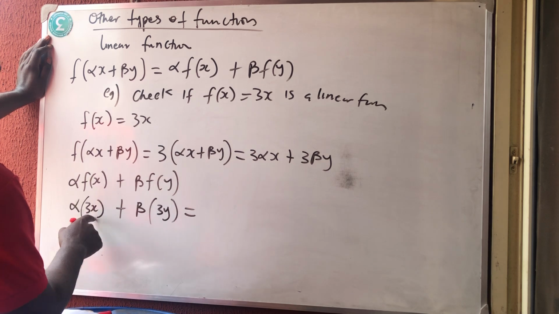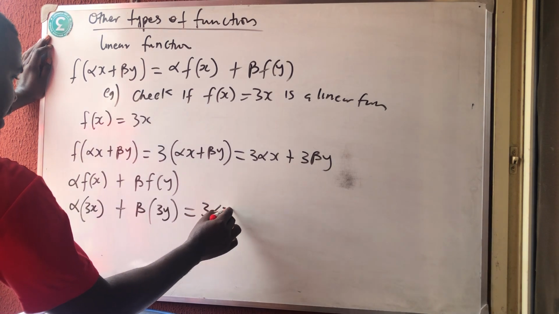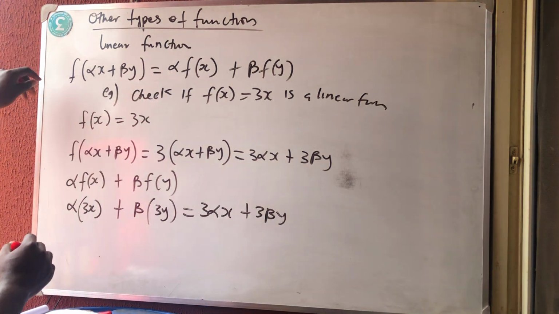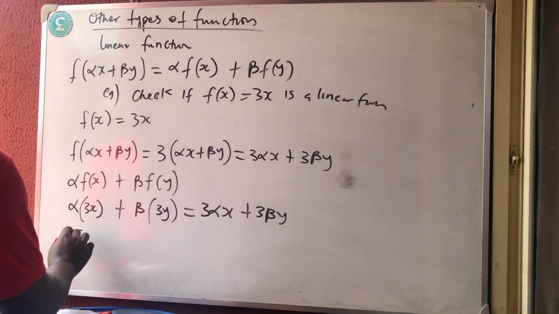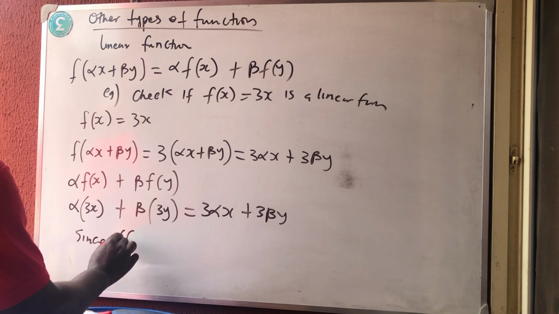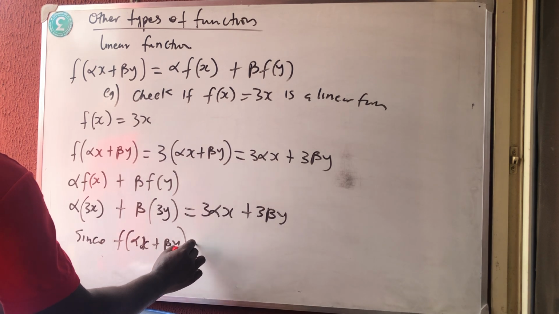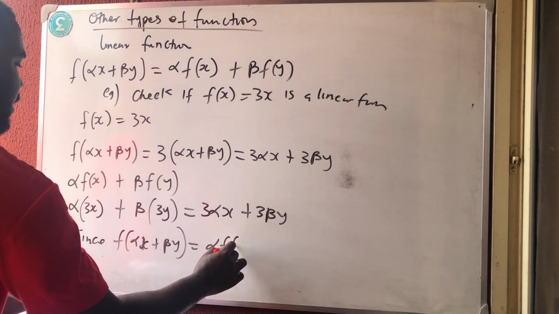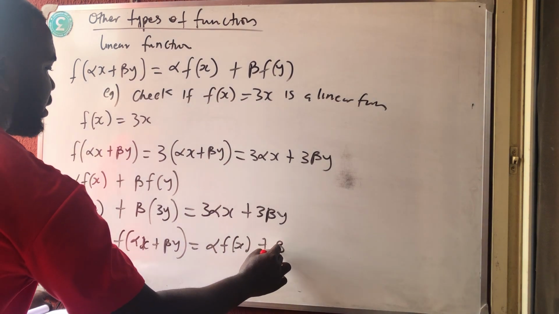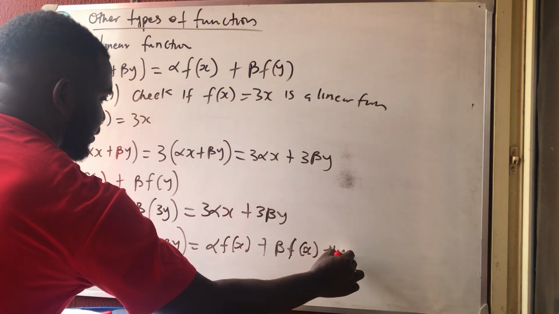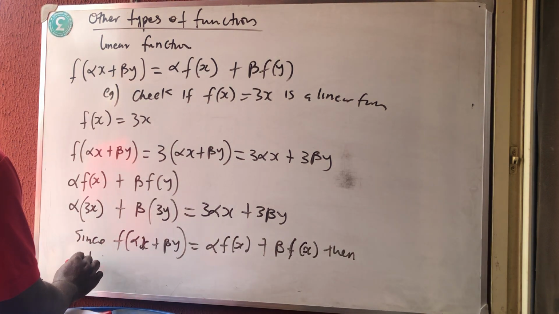So I'm having 3 alpha x plus 3 beta y. Are they the same thing? Yes. Once they are the same thing, you now say since f of alpha x plus beta y is the same as alpha f of x plus beta f of y, then it is a linear function.